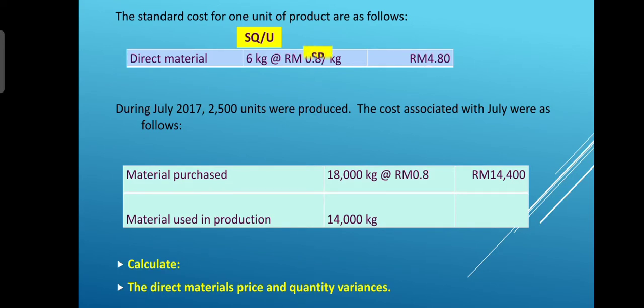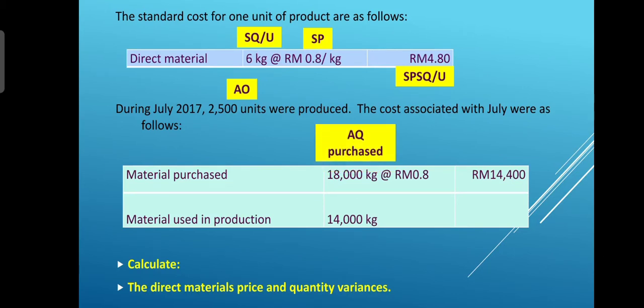RM 0.8 is standard price per kg. RM 4.8 is SP times SQ per unit, the standard cost of materials per unit. And 2,500 units is the actual output produced.